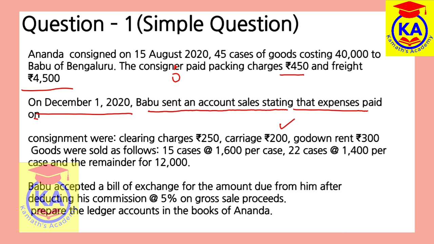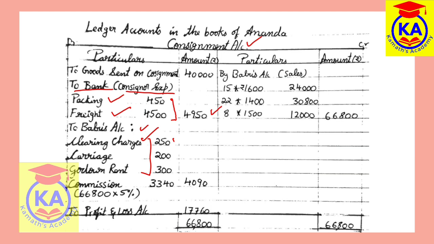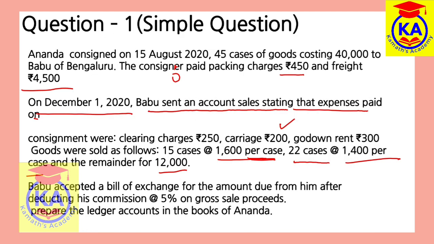Now, goods were sold as follows: 15 cases at rupees 1,600 per case. Here you have to notice 1,600 per case is given, and 22 cases at rupees 1,400 per case, and the remainder for 12,000. So in the consignment account, on the credit side, you have to write the consignee's name, 'By Babu's account', and in brackets write sales. 15 cases at 1,600 per case.